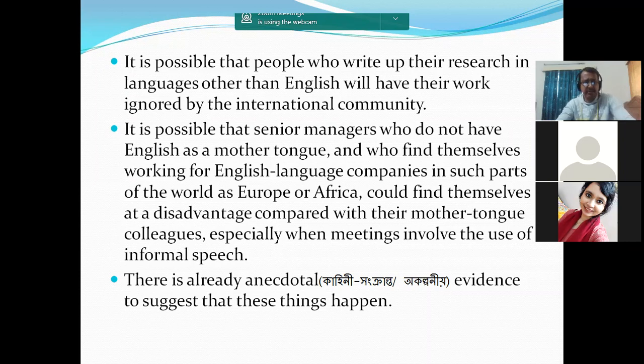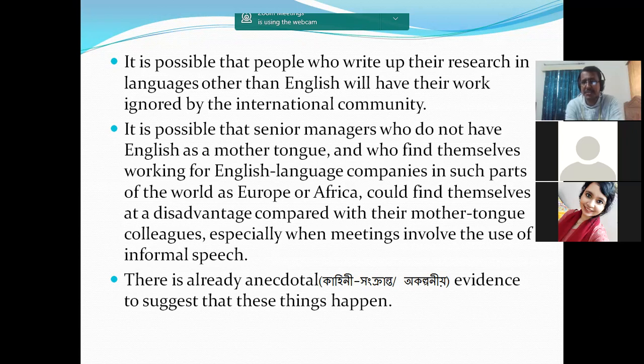And same thing or same position was expressed by Chinua Achebe in his writing, African novelist. It is possible that the senior managers who do not have English as their mother tongue and who find themselves working for the English language companies in such parts of the world, Europe, Africa, would find themselves at advantages in comparison to mother tongue. So same thing we see in case of the managers.